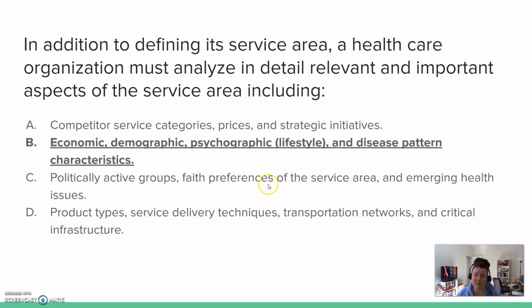My neurologist and my rheumatologist are both there, and when that organization, Hospital for Special Surgery, is looking at their service area, it's very broad because of the disease pattern characteristics and that economic, demographic, socioeconomic data of the population that would come to see them.